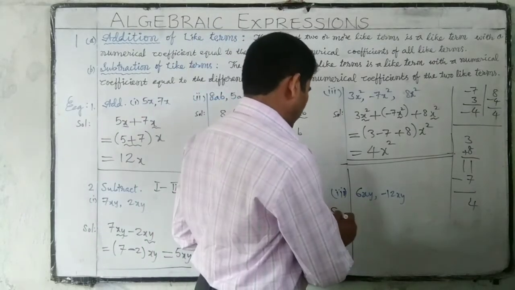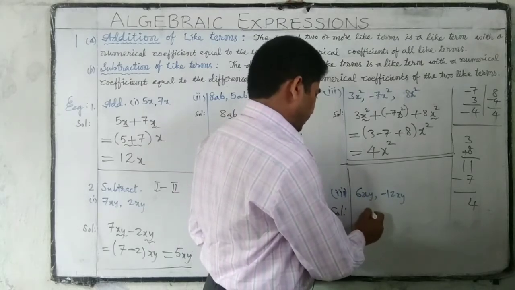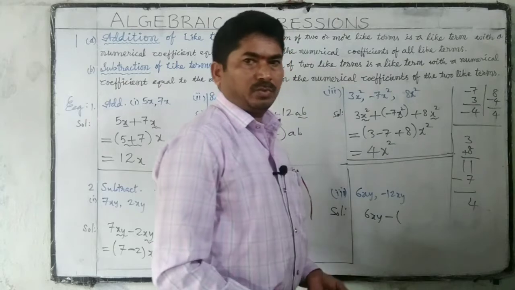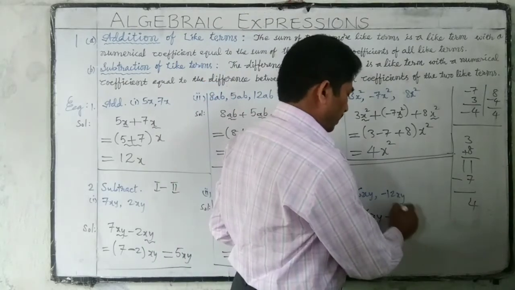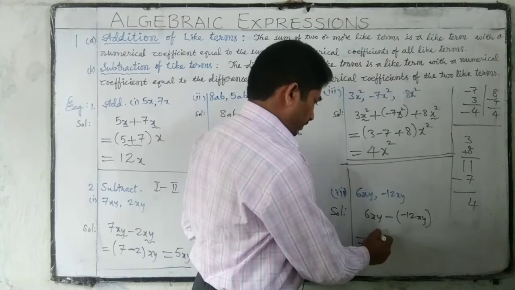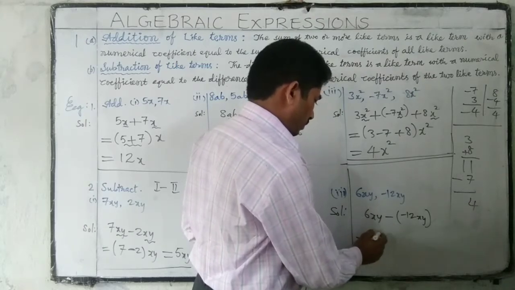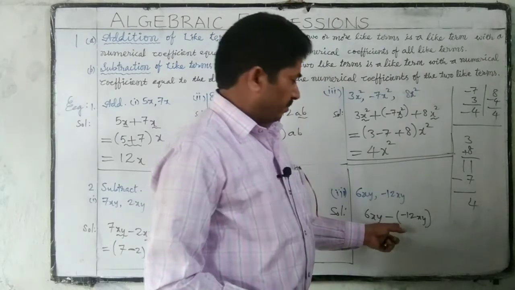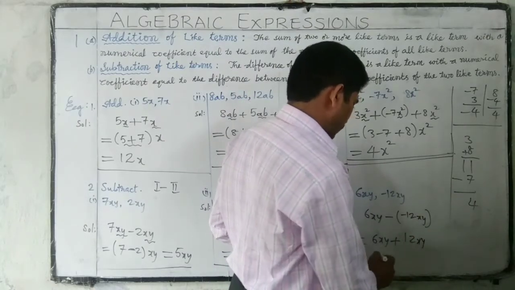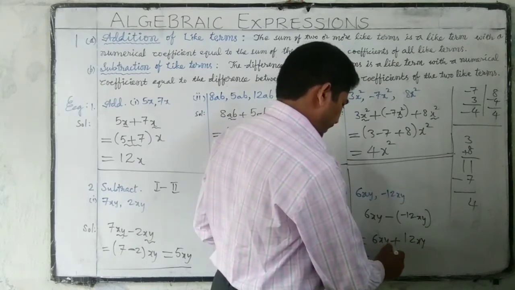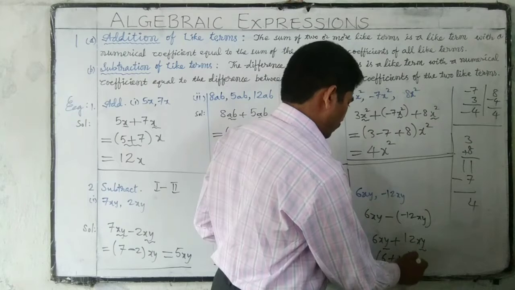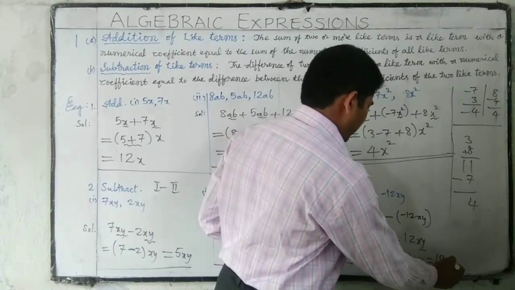Next, third problem: 6xy minus, with this minus 12, so we have to write minus 12 in a bracket. 6xy minus into minus becomes plus, 12xy. xy is common, so 6 plus 12 xy is equal to 18xy.